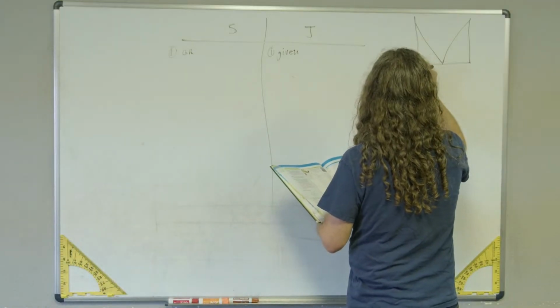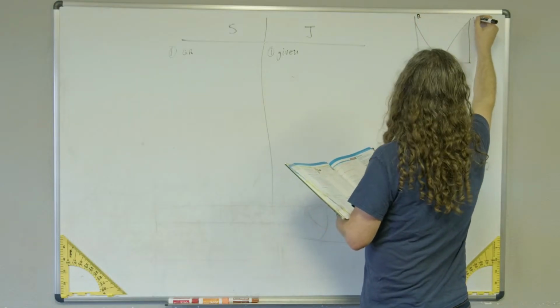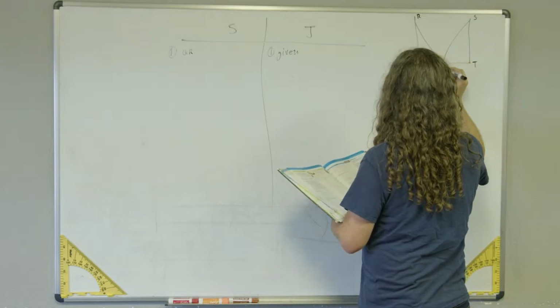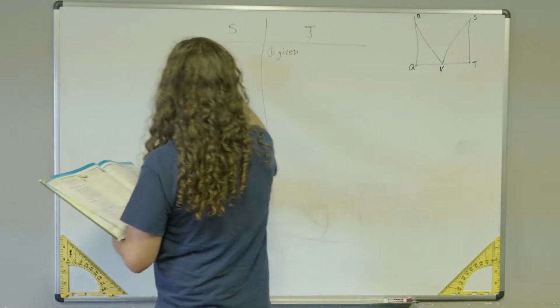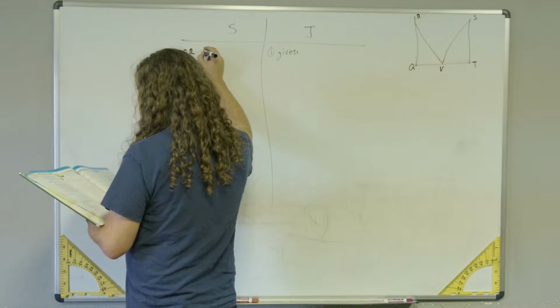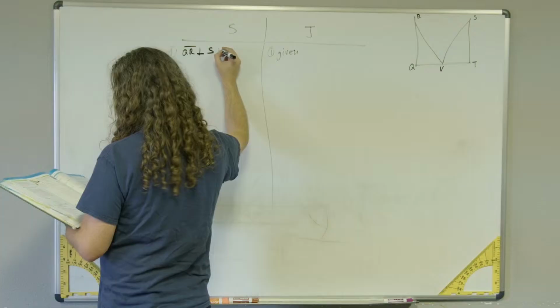Q, R, S, T, and V. QR is perpendicular to ST.